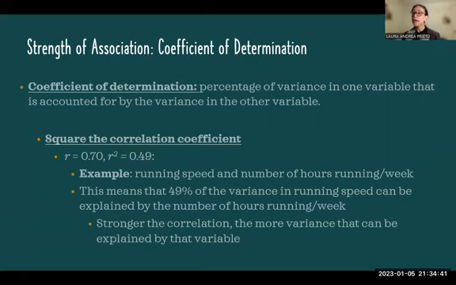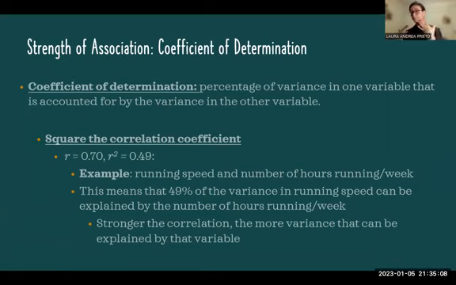Now, if I use my R squared, so I square that value, then I get 0.49. What the coefficient of determination will tell me is how much of that variance is described by another variable. So the 0.49 would mean that 49% of the variance in running speed can be explained by the number of hours running per week.